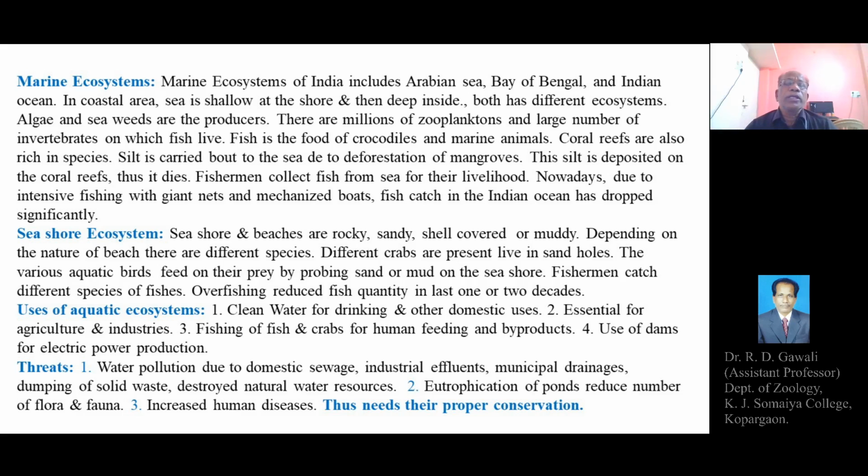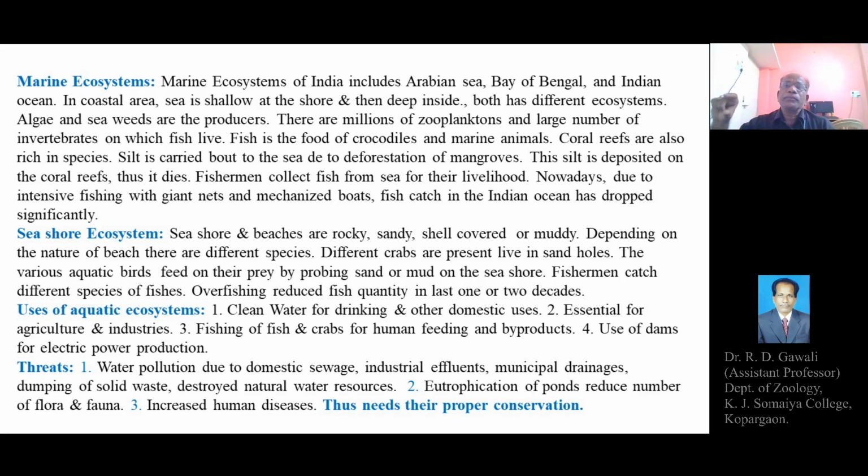The coastal area has a shallow region at the seashore, and as we move inward in the sea, the depth increases and reaches the deep sea region. So the regions are inshore, offshore, and the deep seas.